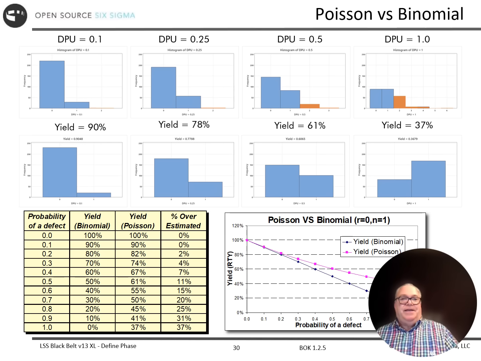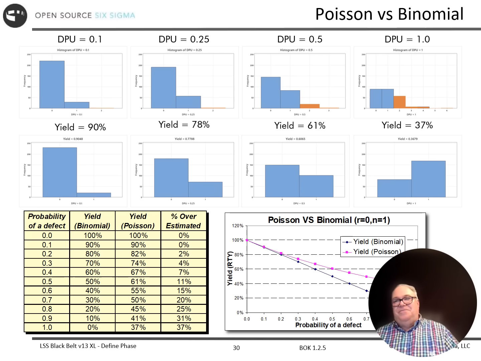So here we look at 90%, 78%, 61%, 37% yields. Well, it's 9 goods, 10 bads. It's 78 goods, 22 bads. 61 goods, 39 bads. And now we're starting to go the other direction.